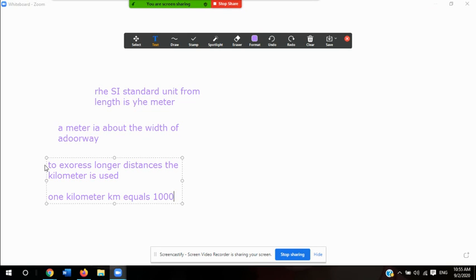This may seem a little hard for us because the system of measurements that we're inclined to using is not the SI. And we don't measure long distances in kilometers. We measure them in miles, and 1 mile is about 5,280 feet. But if we go to other countries around the world, Europe, Asia, a lot of places in Latin America, they use this system.